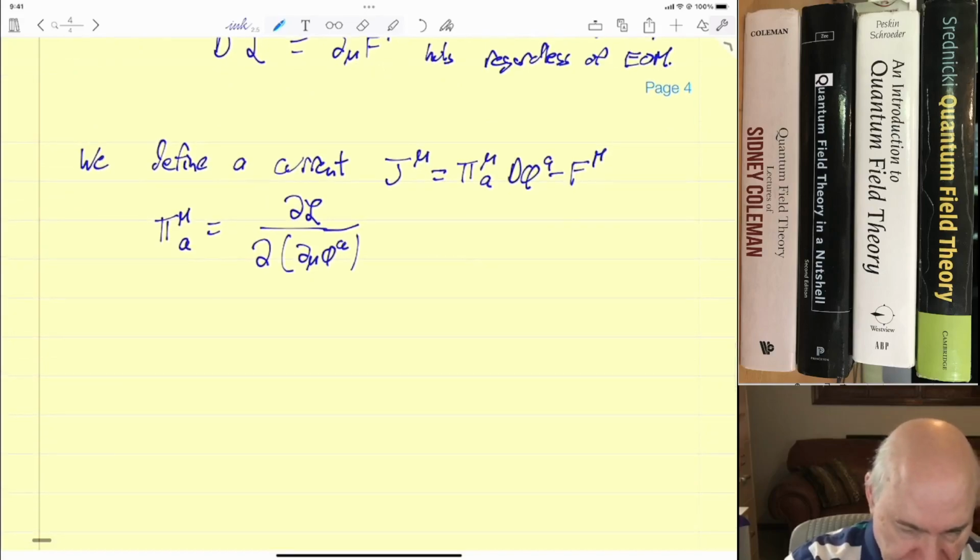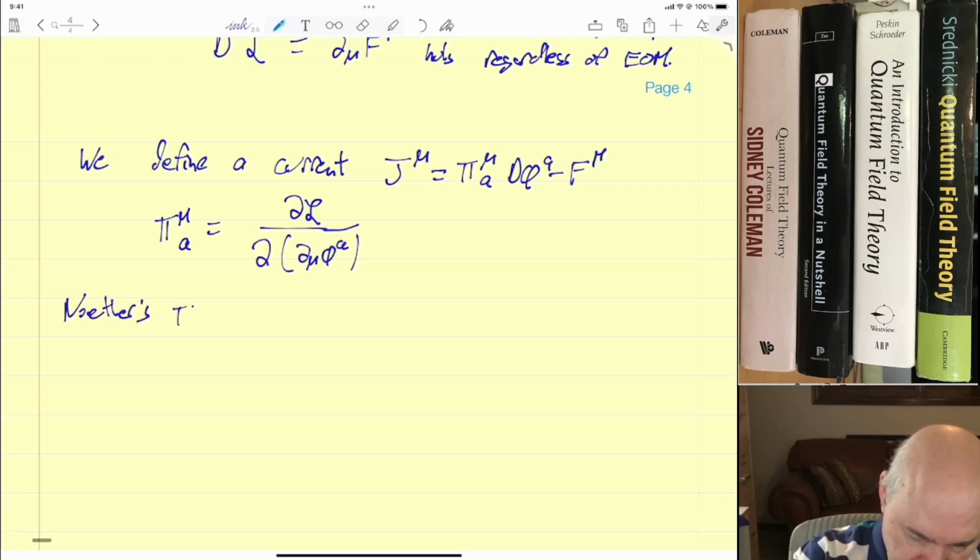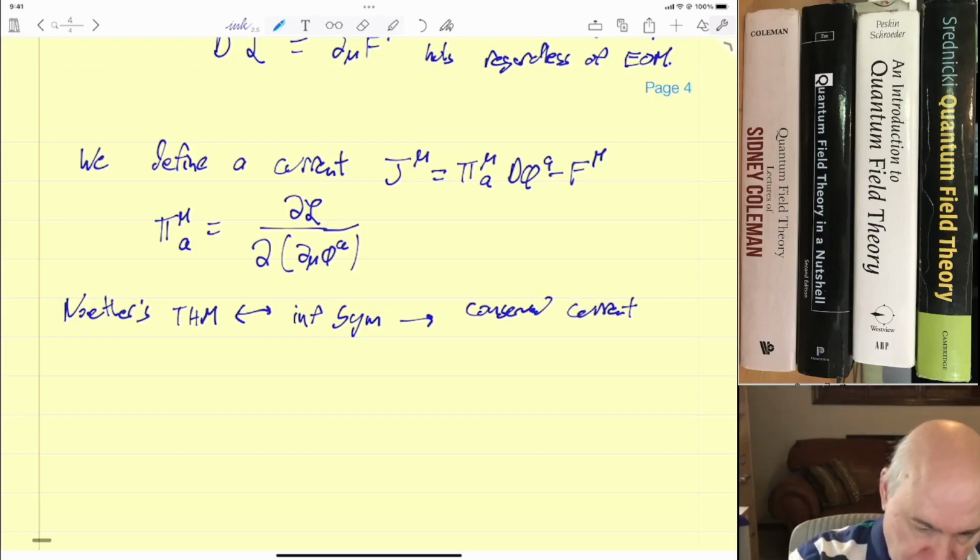And now Noether's theorem implies the infinitesimal symmetry gives a conserved current. What do we mean by that?